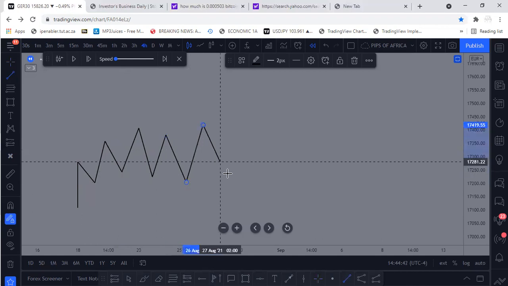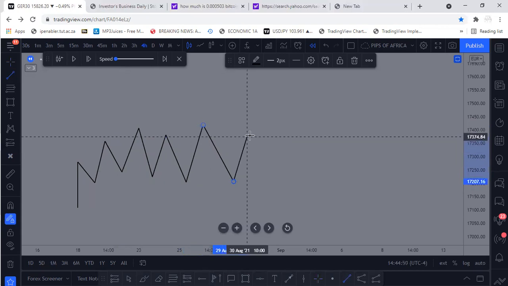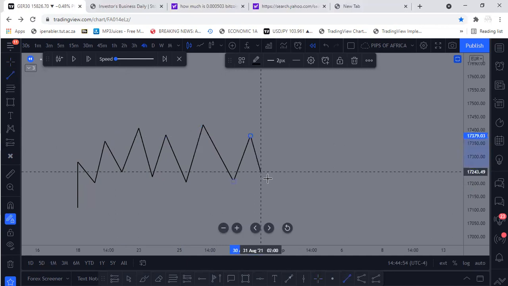This is the ranging market, guys. This is the consolidation. Here, I'm going to teach you how to trade the consolidation if the market is consolidating. See, this is the ranging market.